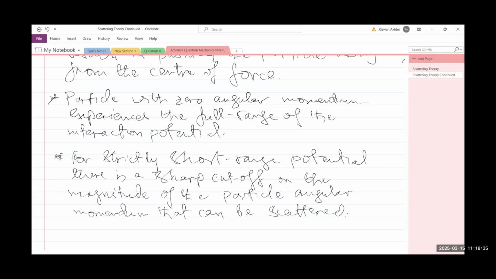Yeah, so this is basically the case, and from these points, one can infer some limiting cases. There are two limiting cases for the impact parameter. One limiting case would be that b tends to 0, and the other limiting case would be b tends to infinity. So b tends to 0 means the deflection angle theta is 0, that is, the incoming particle is absorbed by the target.